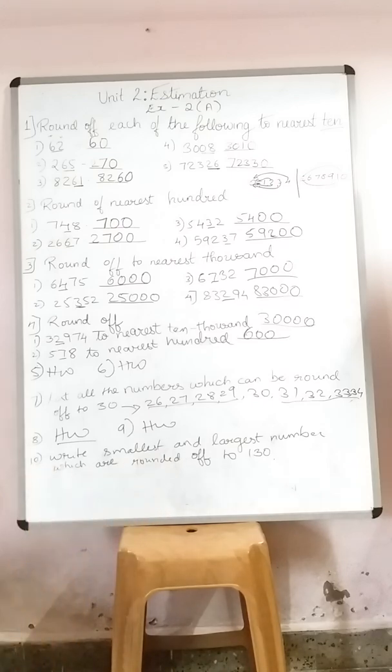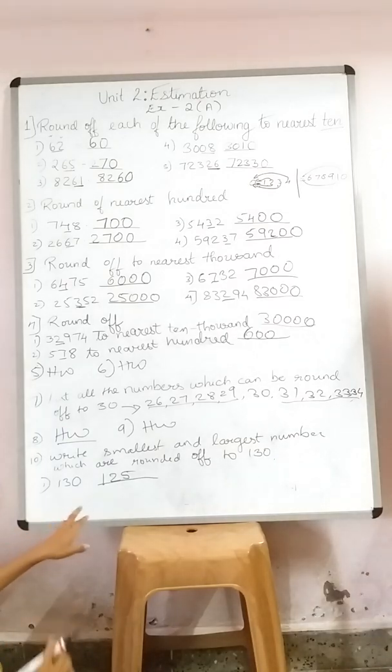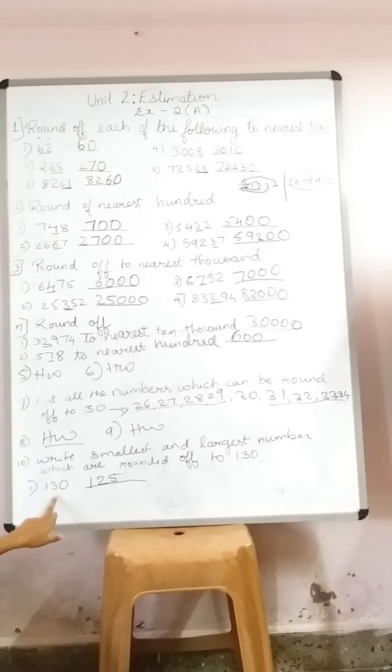Number 10. Write the smallest and largest numbers which are rounded to 130. What should you do? The smallest number which is rounded to 130 is what? The smallest number. So concentrate here. Now let us see. The smallest number is 125. Smallest number means ending in 5, so let us say it is 125.